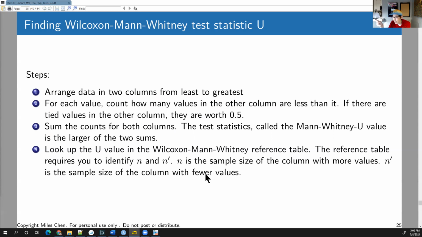And if you have a value that's tied, you give it a 0.5. And you sum up all of these counts at the end, and whichever one is larger is your Mann-Whitney U value. Then you go to a reference table, which has a bunch of probabilities associated with these values. So anyway, let's go ahead and do this.